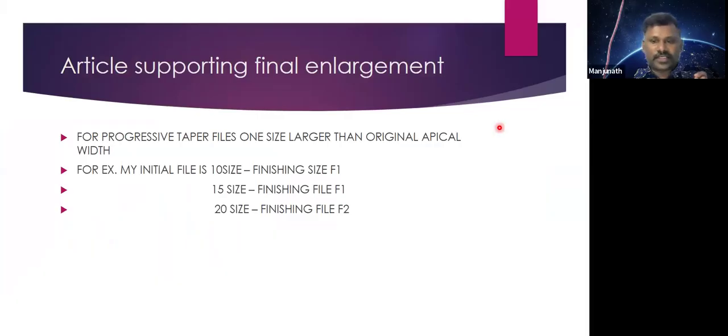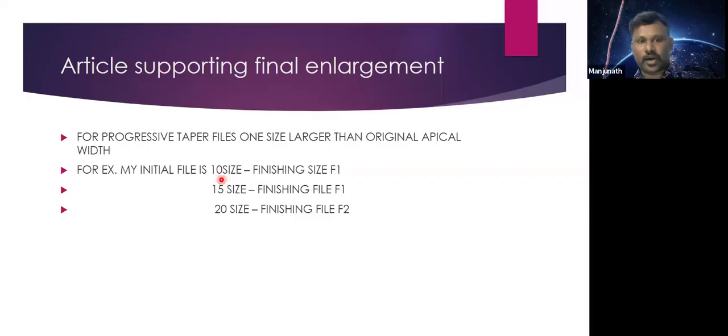So what is the final finishing file? If the initial file is a size 10 file, the finishing size should be F1. You always finish one size larger than the original apical width. Always finish your apical enlargement one size larger than the apical width.